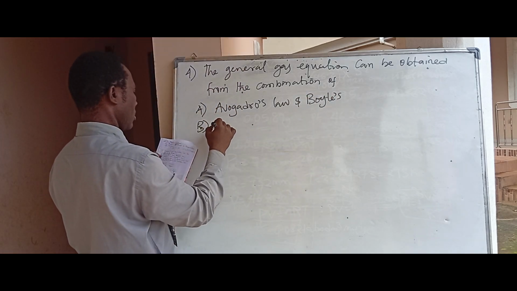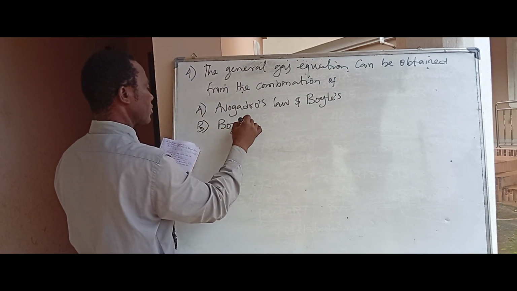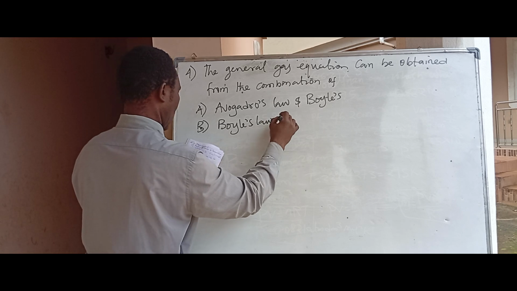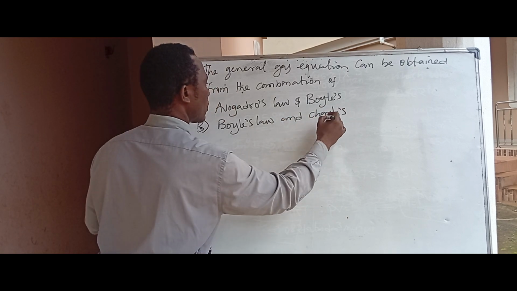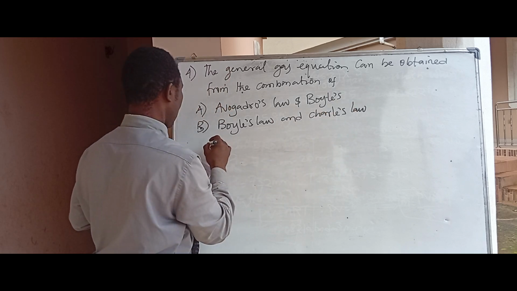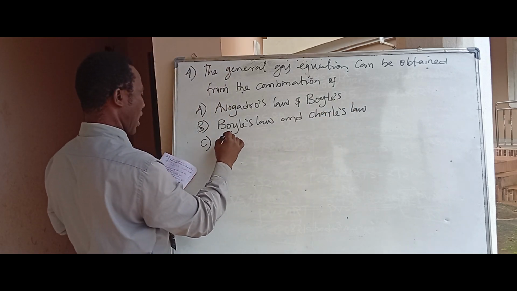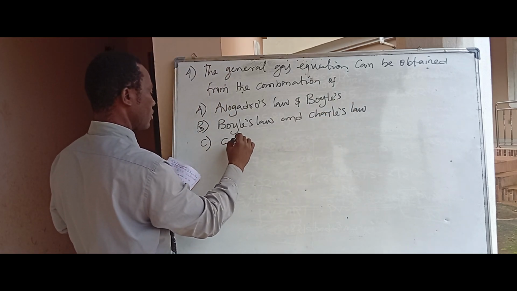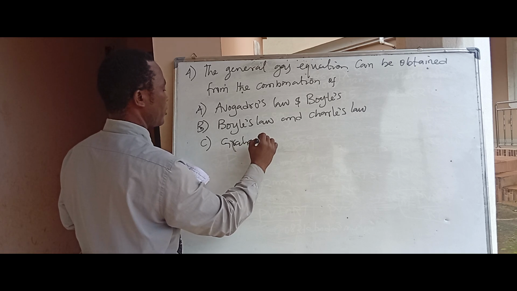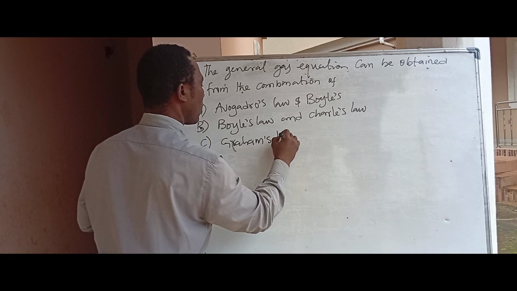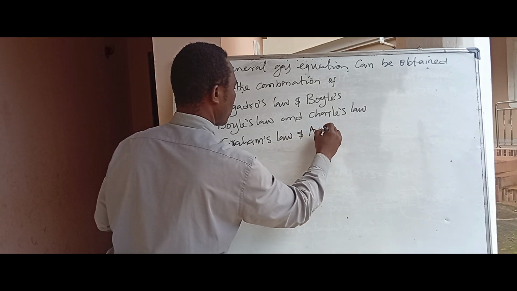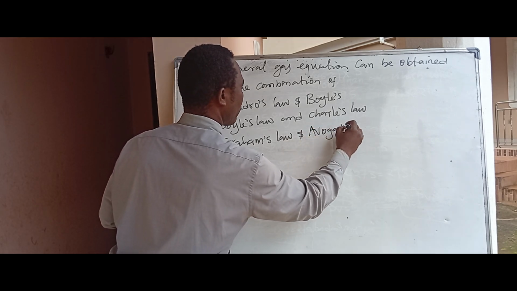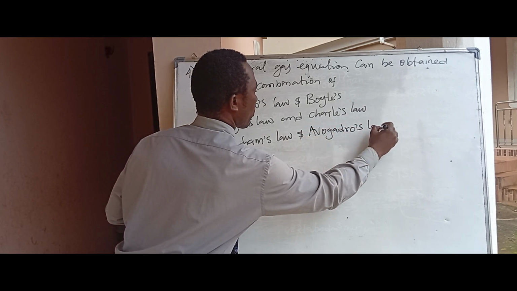Option B, Boyle's law and Charles' law. Option C, we have Graham's law, which is Graham's law of diffusion, and Avogadro's law.